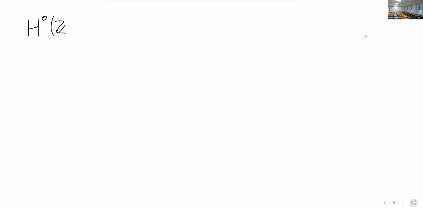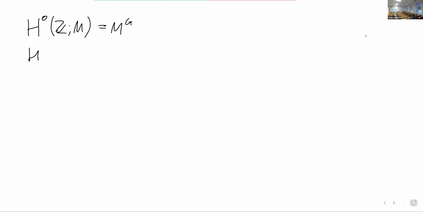So H^0(Z, M) with M coefficients is M^G. This is something we know. The zeroth derived functor is the functor itself. The zeroth cohomology group or module is the module of invariants.